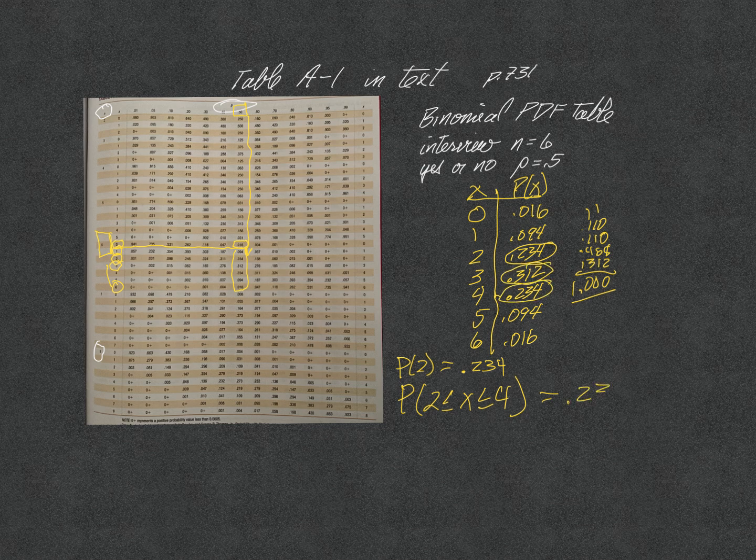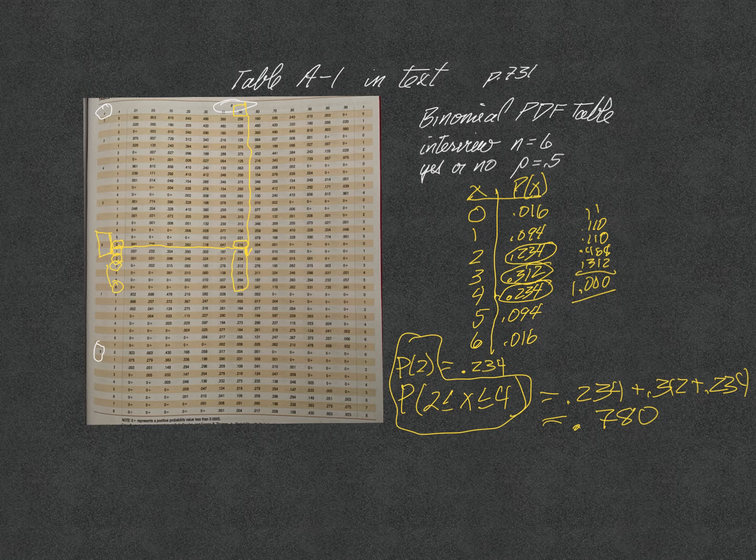So 0.234 plus 0.312 plus 0.234, and whatever that's equal to, which I think is 0.780. And so you can see, you can start to play the probability question game once you have the given table. And this table here helps us do it.